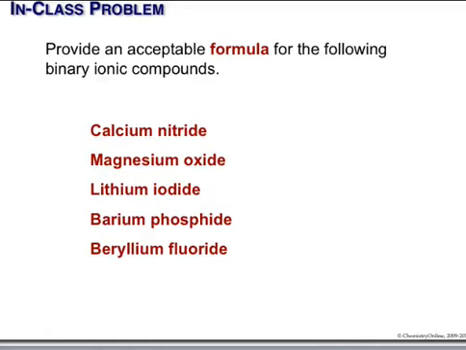Using a crisscross, that means we would need 3 calciums for every 2 nitrogens. +2, -3, therefore 3 calciums, 2 nitrogens.